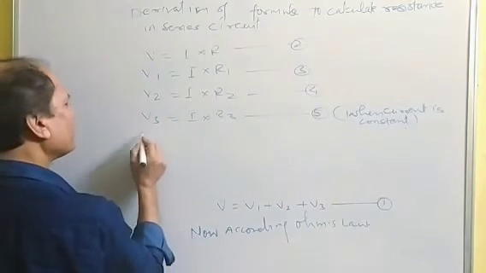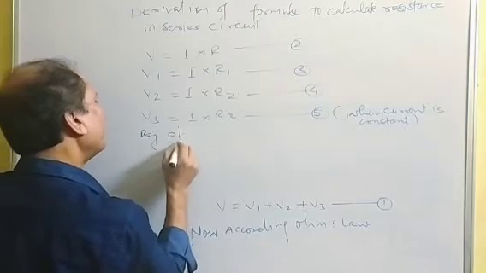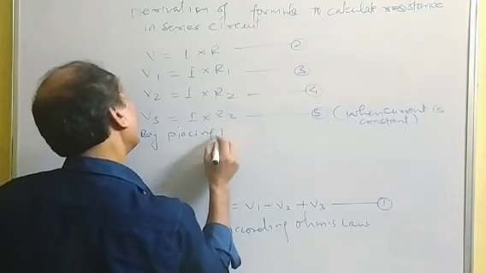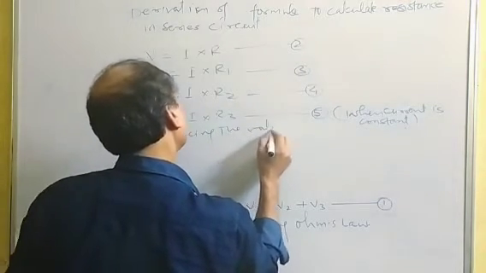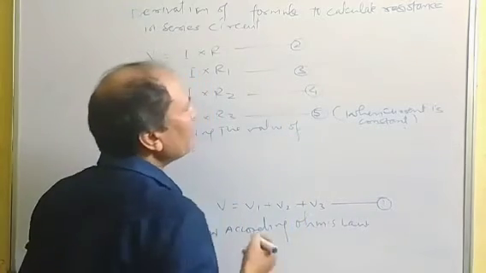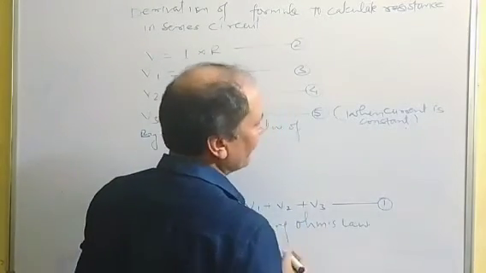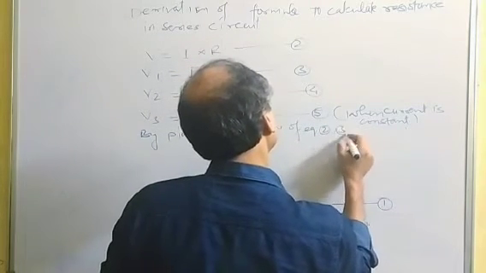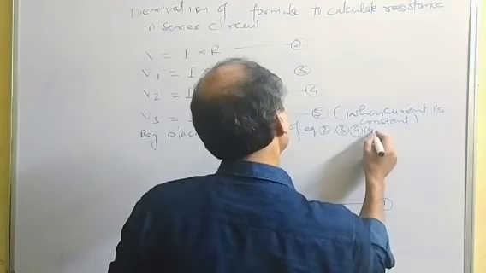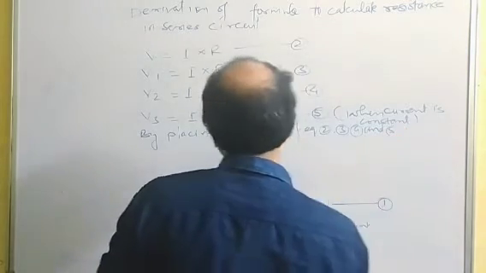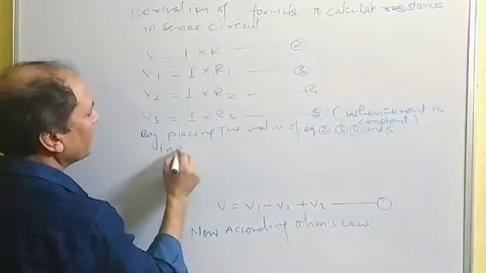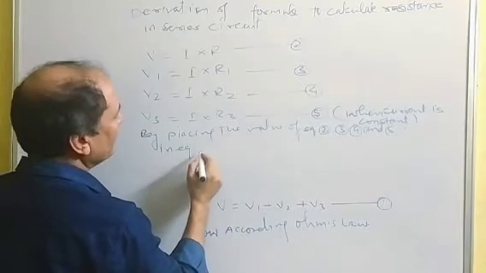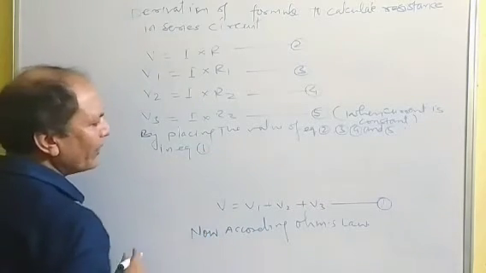So by placing the values of equations 2, 3, 4 and 5 in equation 1, what happens?